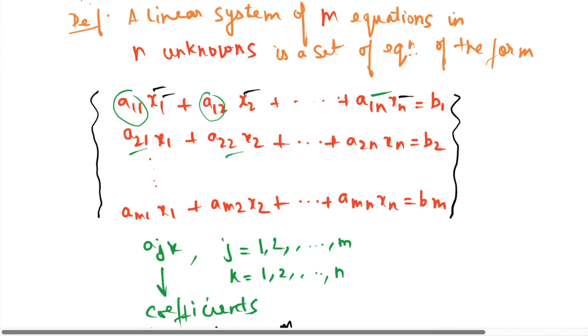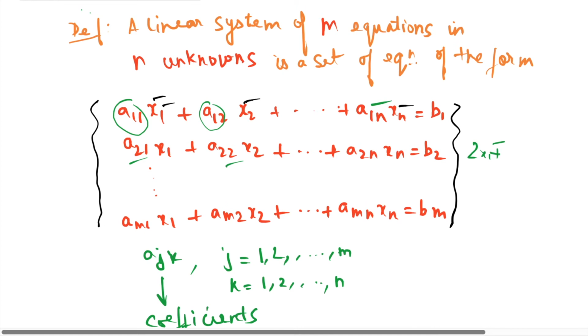So for example, if you were to consider this linear system, let's say 2x1 plus 3x2 is equal to 5, and 9x1 minus x2 is equal to, let's say, 0. This is a linear system of 2 equations in 2 unknowns. All right, but let's consider something else.